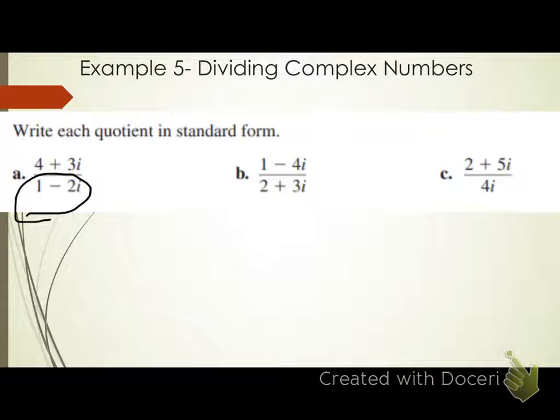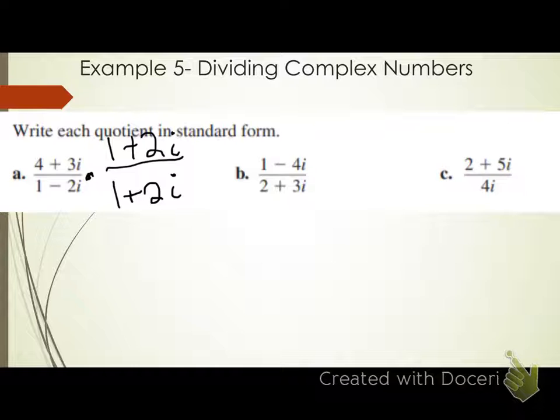In order for it to be a conjugate, I need it to be the same a value, same b value, and one adding, one subtracting. This one's already subtracting, so I know this one needs to be adding. There's my conjugate of my denominator. So I'm multiplying the top and the bottom of my fraction by 1 plus 2i.